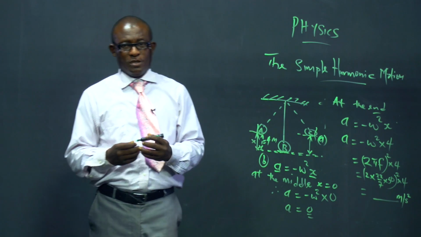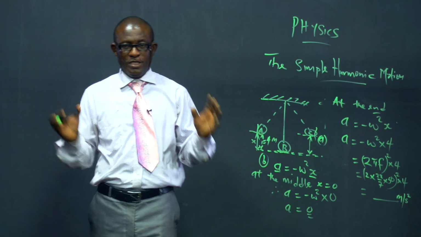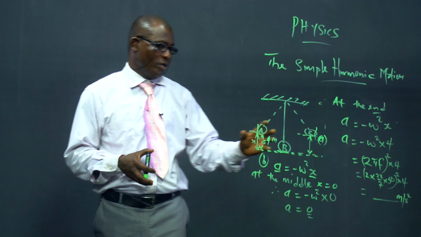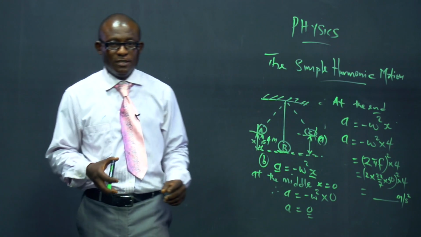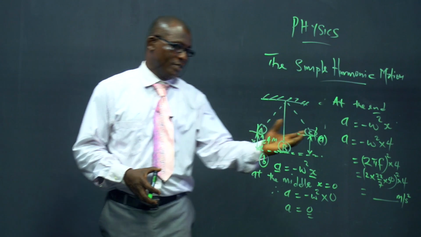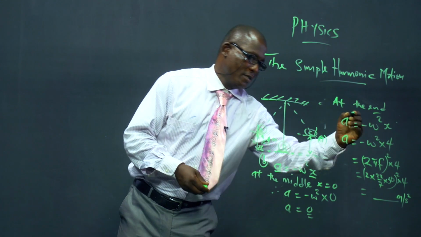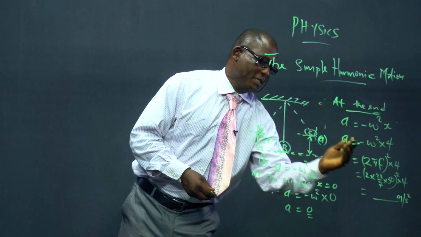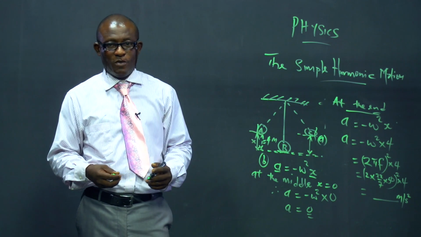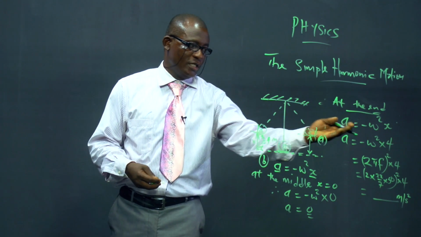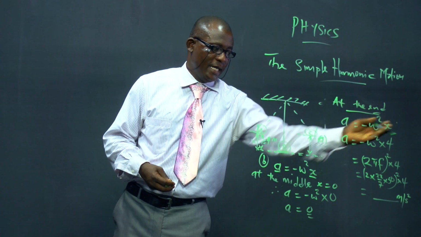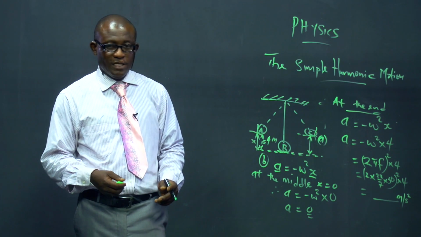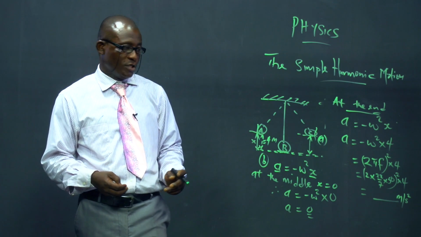Look at my method. This is how to answer numerical questions. First, you list the given quantities. Next, the correct physics, and the physics here is the formula: acceleration is minus omega squared x. The next thing is correct substitution.